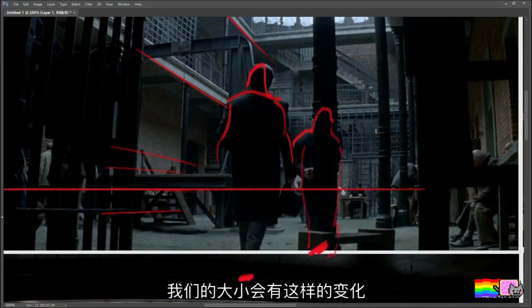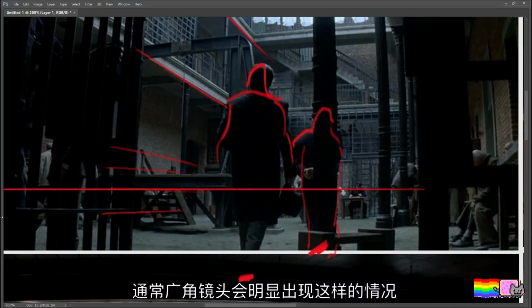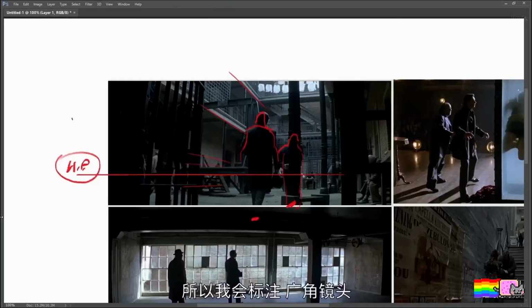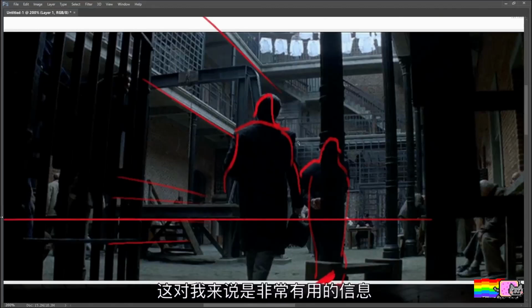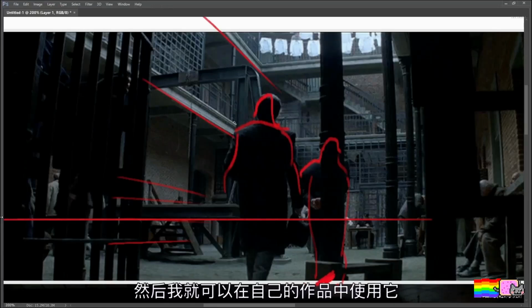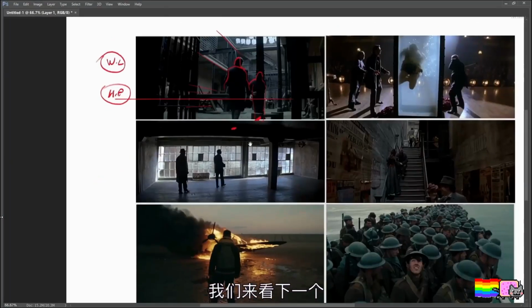So we have this recession in size, which usually happens much more obviously with a wide angle lens. So I would drop wide lens. This is quite enough and very useful information for me, because then if I want to do a frame like this, I will know what kind of setup they used, and I can reuse it in my own work.